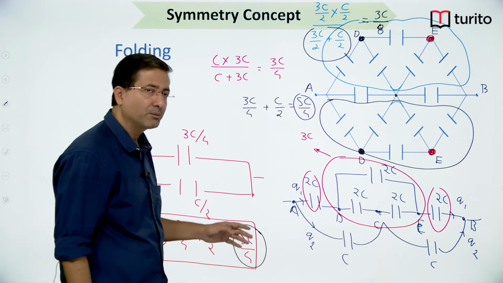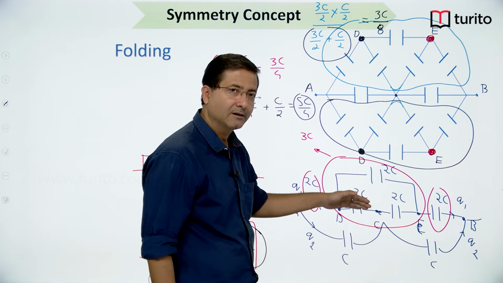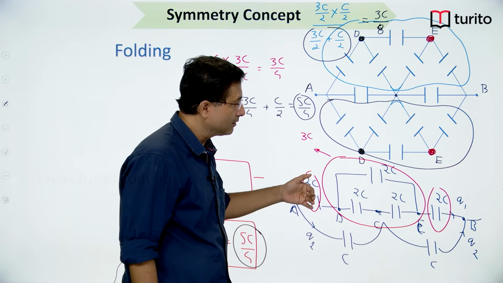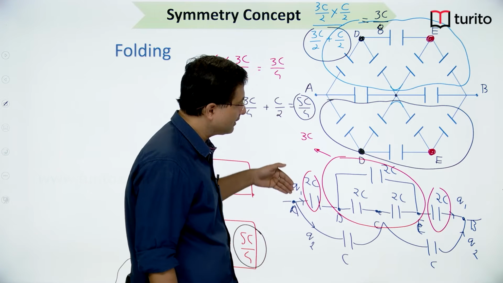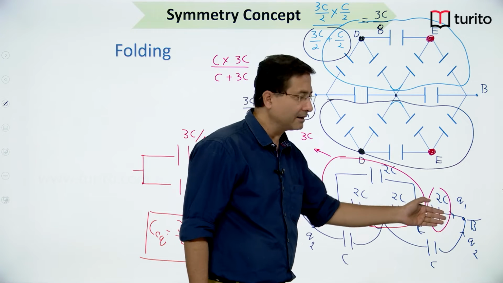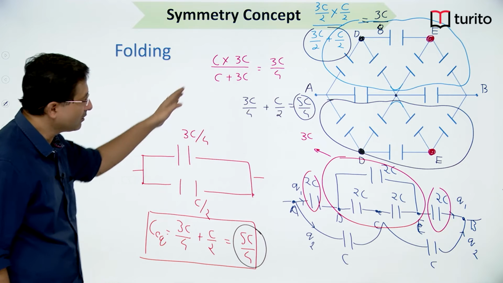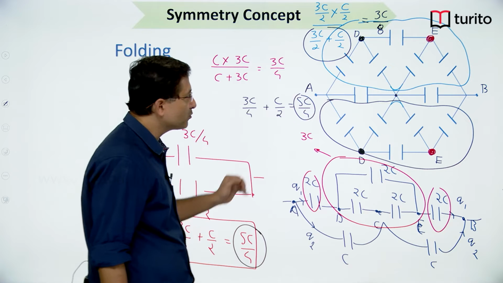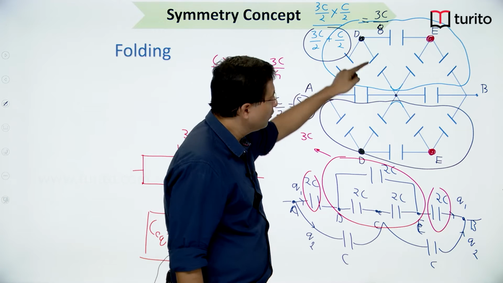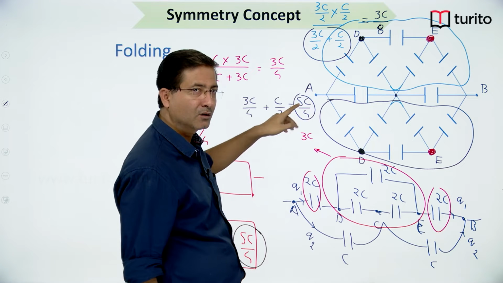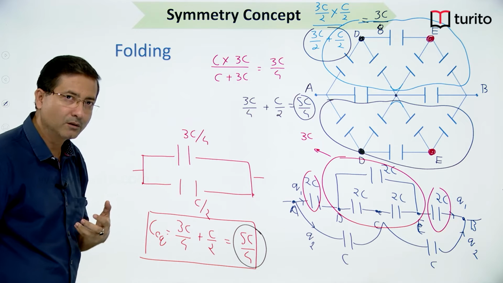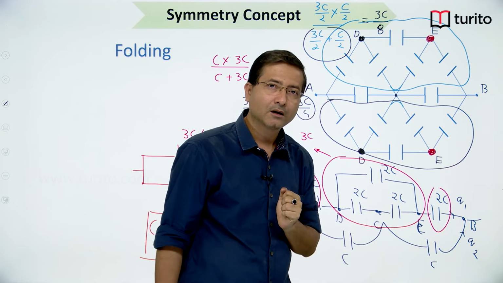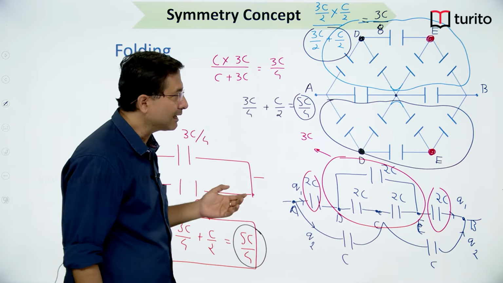As you can see, in the previous case I had to redraw the circuit, and then I could not reduce the circuit further. I needed to apply the concept of input output symmetry again, and then we started reducing and got this answer. But if we go by input output symmetry, in one go we directly got the answer. Which problem should be solved by input output symmetry and which by folding symmetry comes from practice.